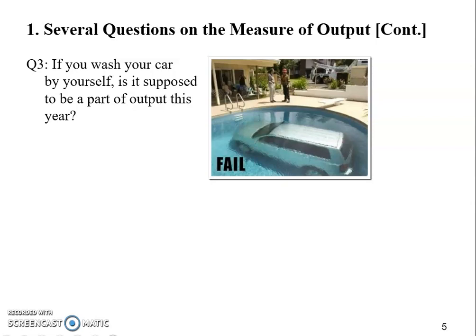But if we get a car wash service from someone else, that's a service. It may not be tangible or visible, but it's still a type of output because we still spend time, energy, and other productive resources producing or delivering the service.